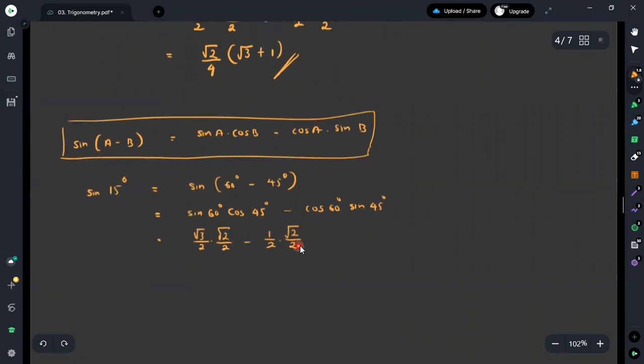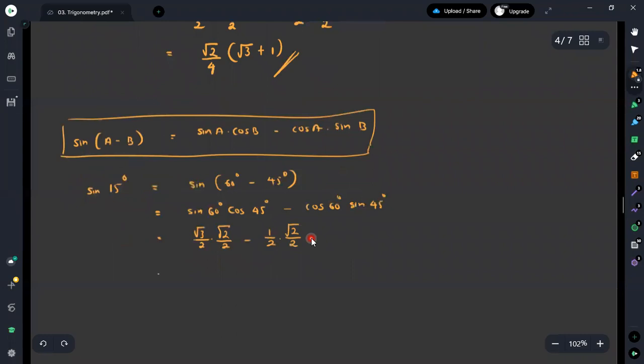Then we take out the common term, root 2 over 4, times (root 3 minus 1). This is how we can do it for the subtraction of two angles, and if you need, you can convert these values into radian measures and practice that as well.